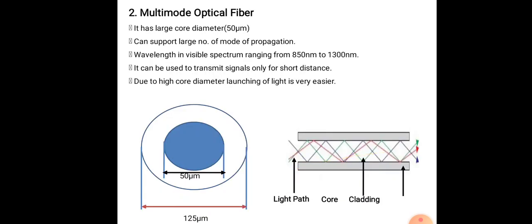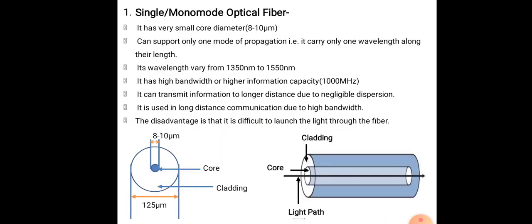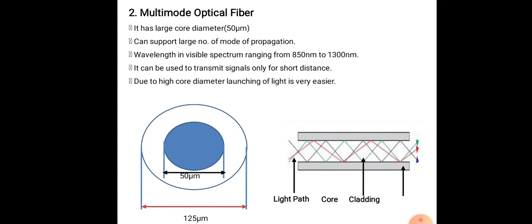Understood? Now the second type is the multimode optical fiber. If you see this figure, in this type of fiber the core diameter is large, about 50 micron. Why is this type of fiber called multimode?